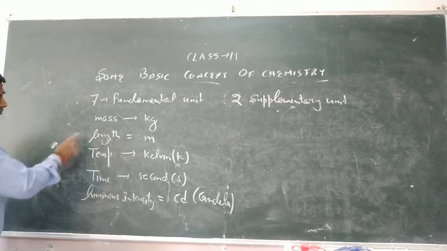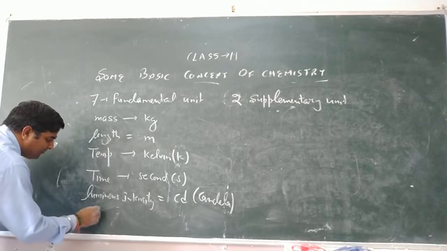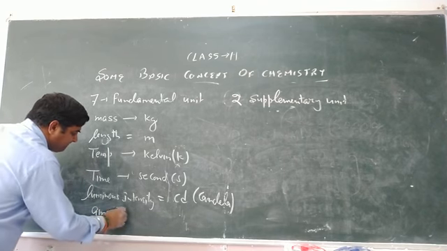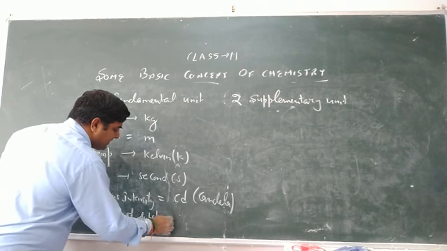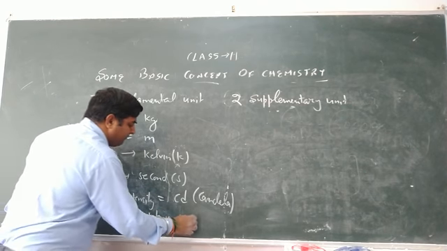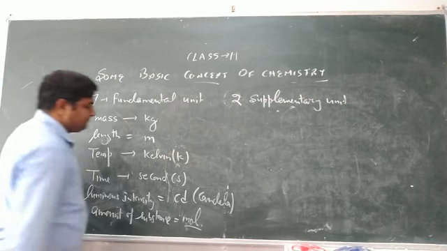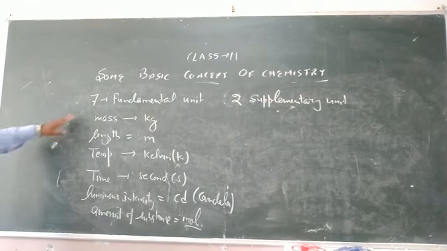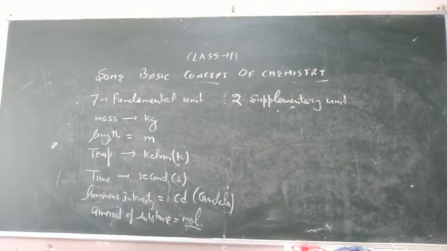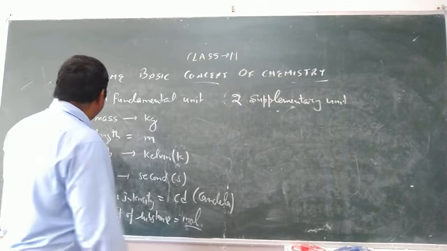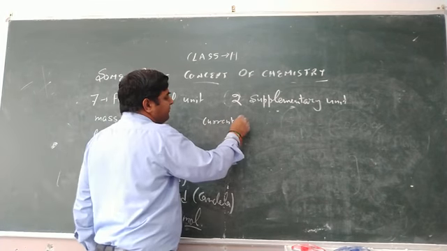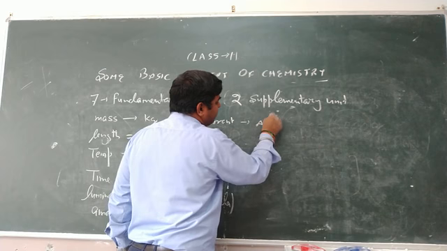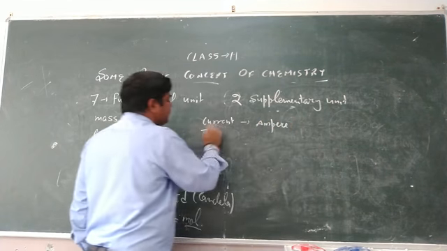Next is amount of substance, taken in mole. So we have written 6 fundamental units, and the seventh fundamental unit is current. SI unit of current is ampere.